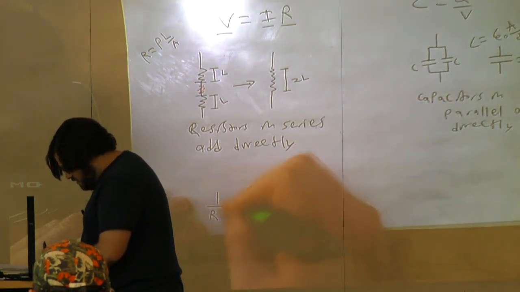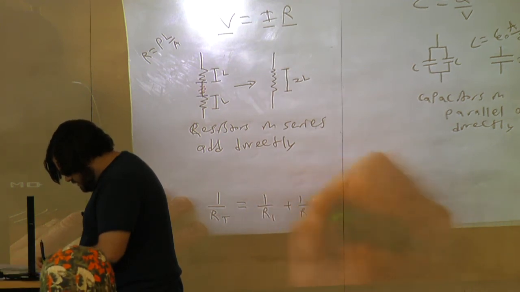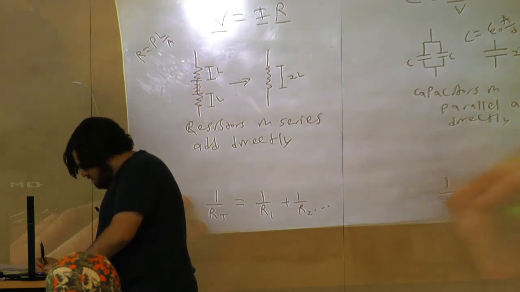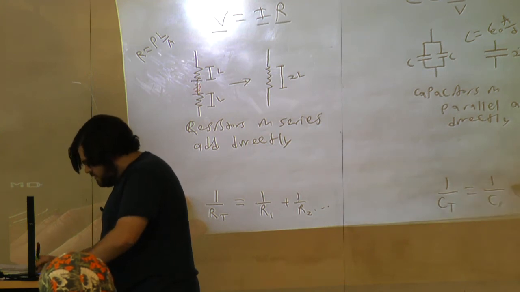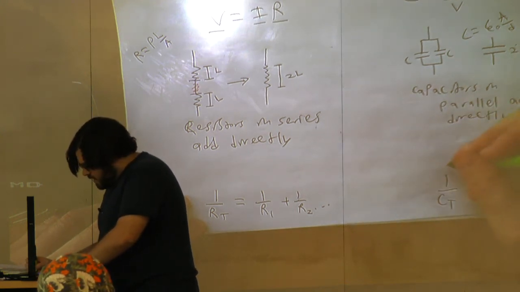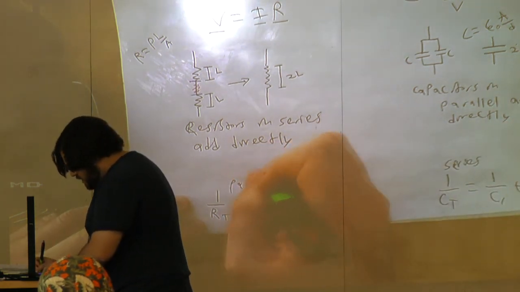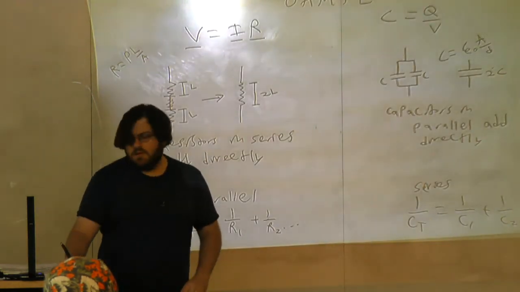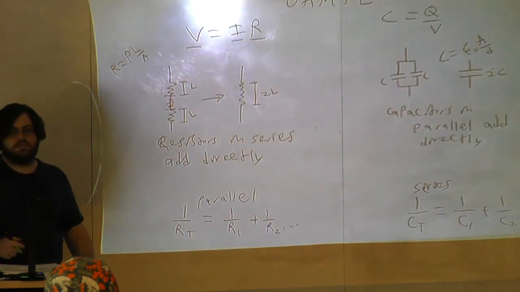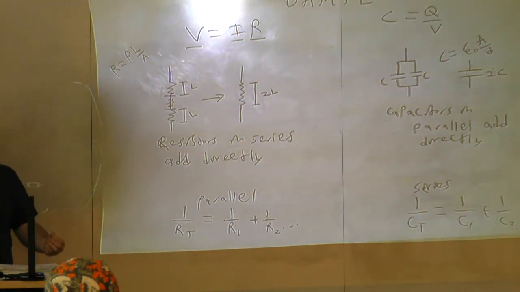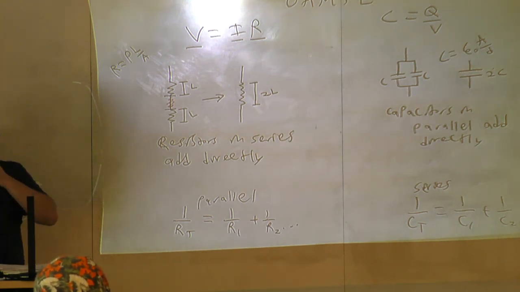So 1 over RT equals 1 over R1 plus 1 over R2 and so on. 1 over CT equals 1 over C1 plus 1 over C2 and so on. So this is how we add capacitors in series and resistors in parallel. There's not really an easy metaphor for that one, but if we know this, we just know these are the opposite. So it should be easy to remember which is which when it comes to adding in series and adding in parallel. Okay?